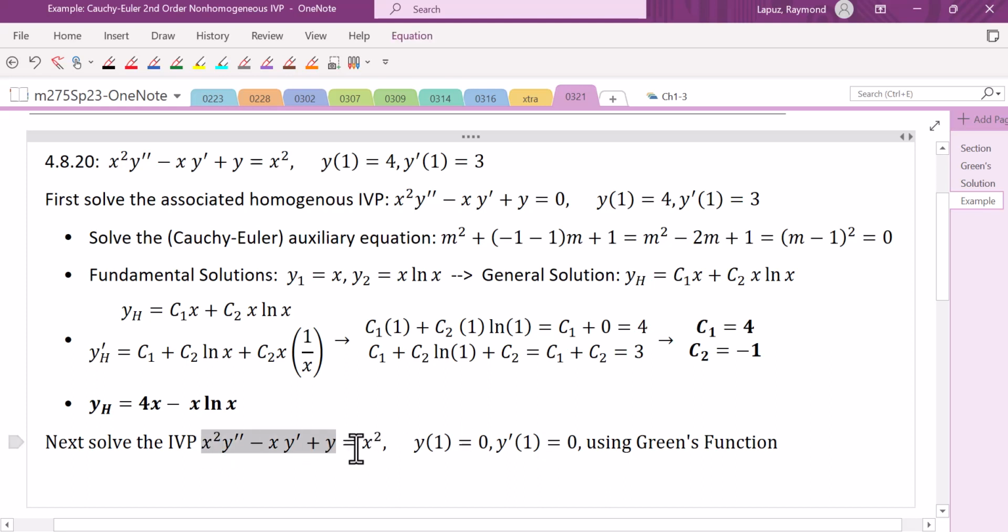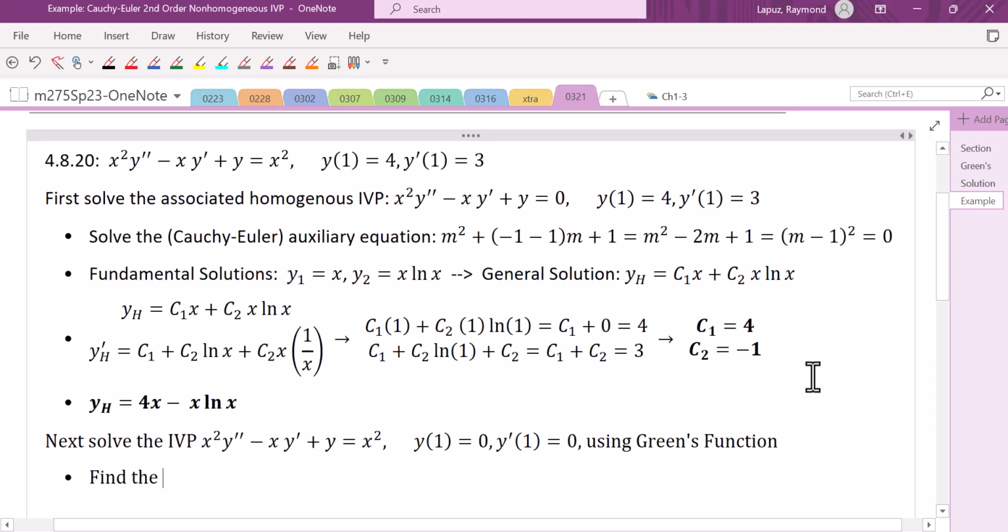By the way, this equation that we're looking at, the non-homogeneous equation, remember that it is very important that the coefficient of this y double prime is actually equal to 1. So we actually need to officially find the function f of x by dividing that out.